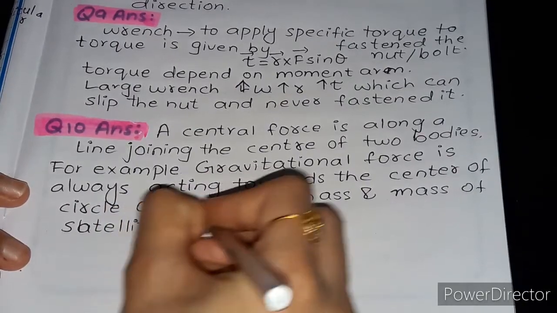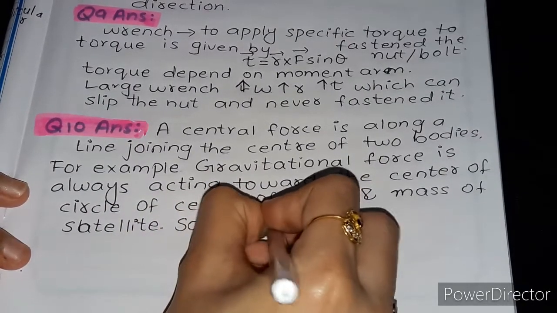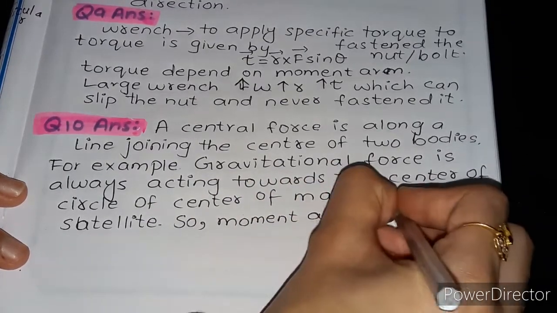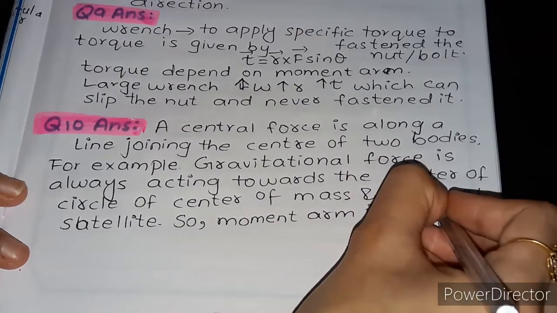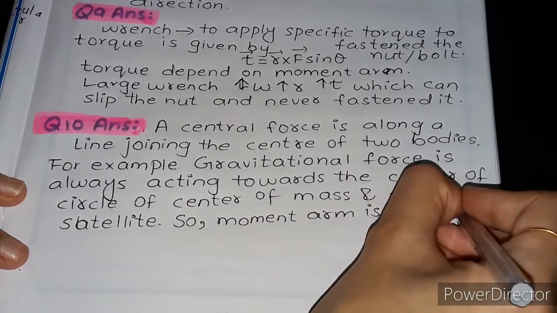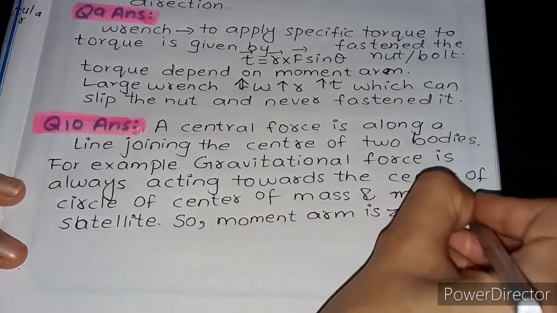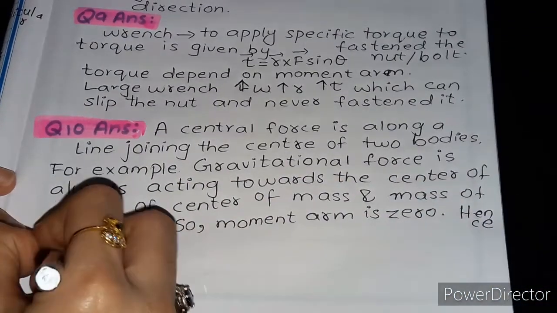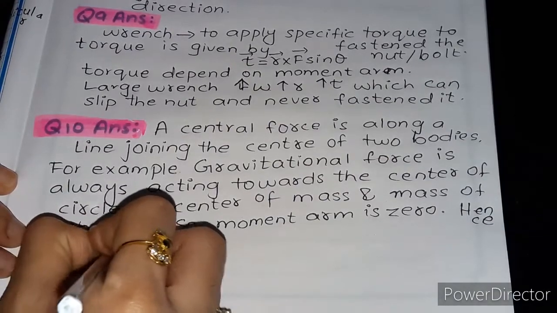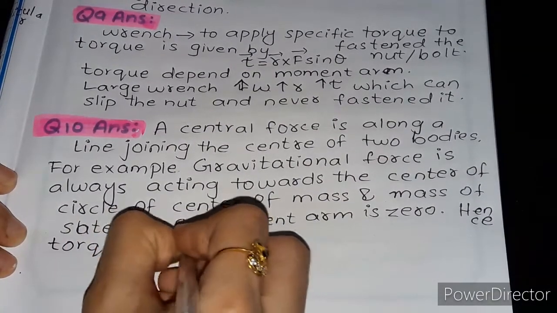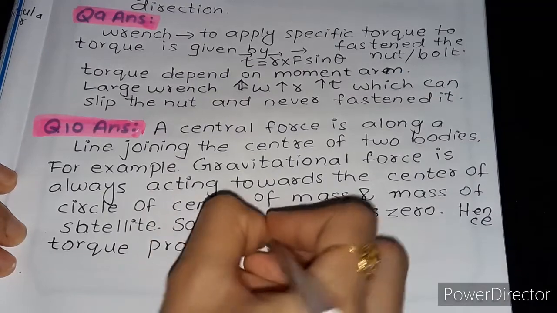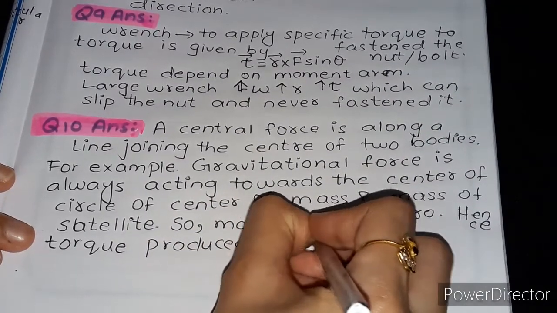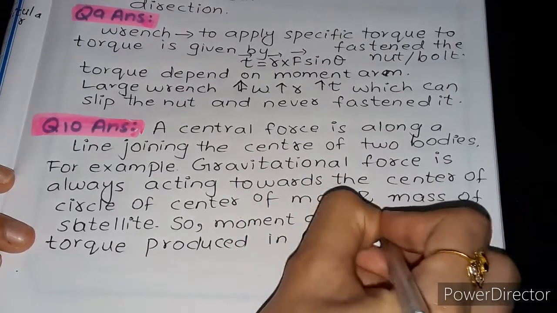So moment arm is 0. Arm is 0. So the torque produced in a gravitational field is therefore 0.